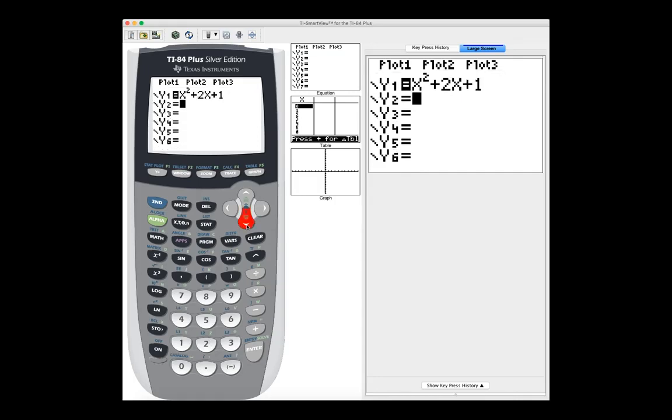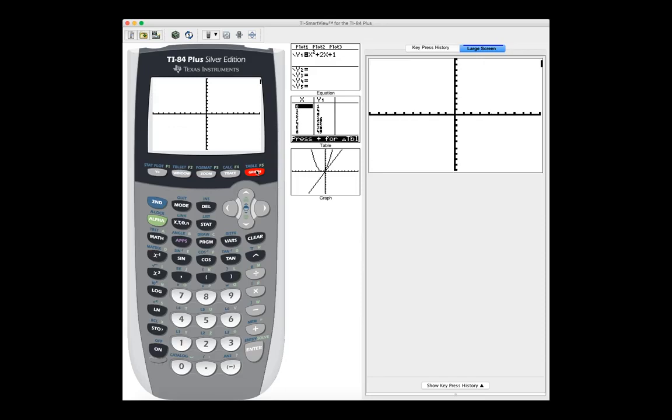And then we're going to scroll down and do 2x plus 5. And then we're going to hit graph. You're going to see your graph, which matches the graph that was on the page. And you'll see this right here is your shaded region.